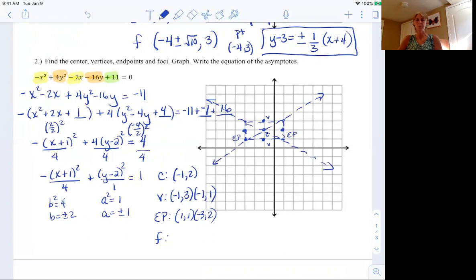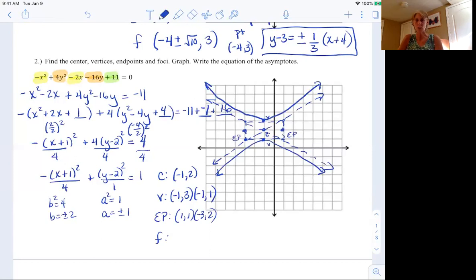Not a big deal. The curve goes through the vertex, is guided by the asymptotes. Through the vertex, guided by the asymptotes. Double check, the y is the positive term. The vertices are kind of in an up and down position, so we're good.